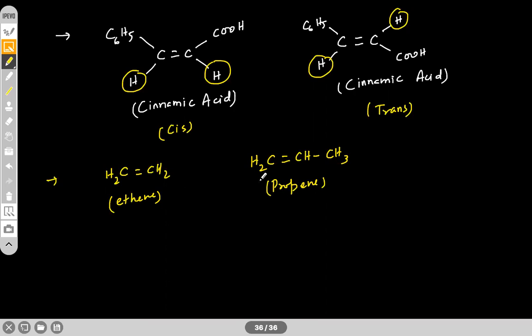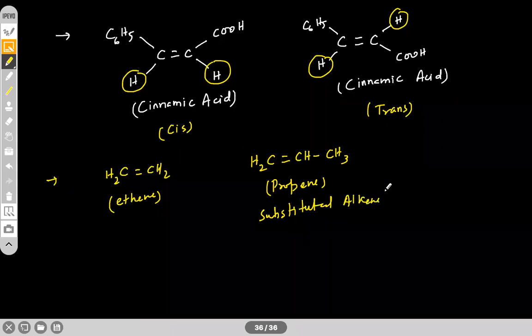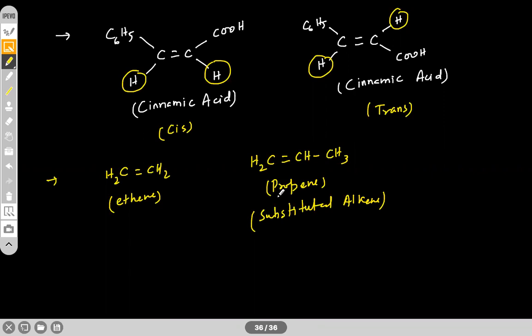So compared to ethene and propene, here it is a substituted alkene. Why substituted alkene? Because one of the hydrogens is replaced by a methyl. If you replace one more hydrogen, you'll get CH3 CH double bond CH CH3. This compound is even more substituted than this. It is a more substituted alkene.